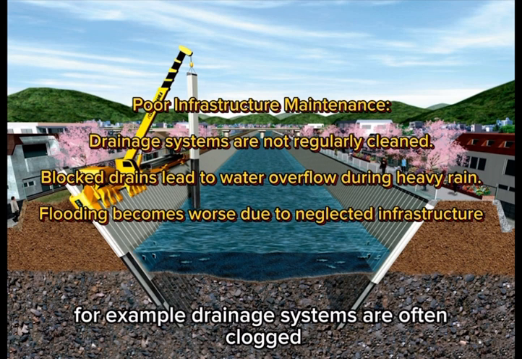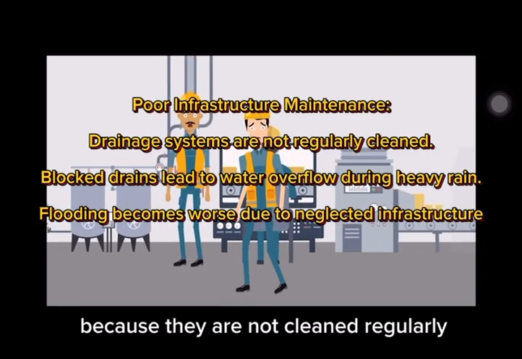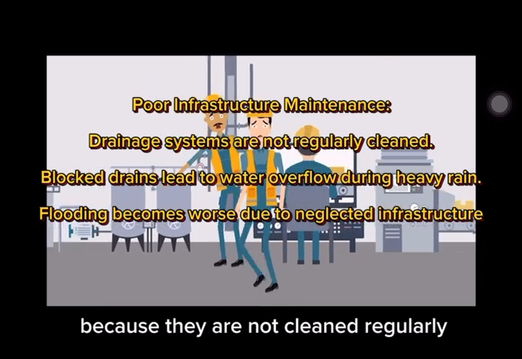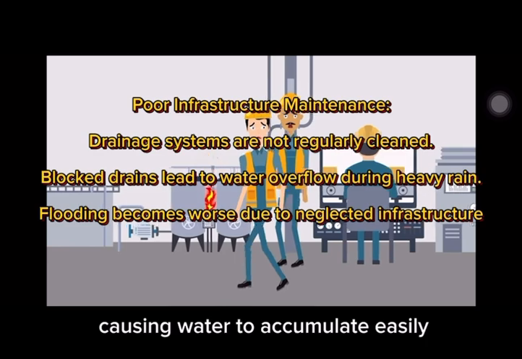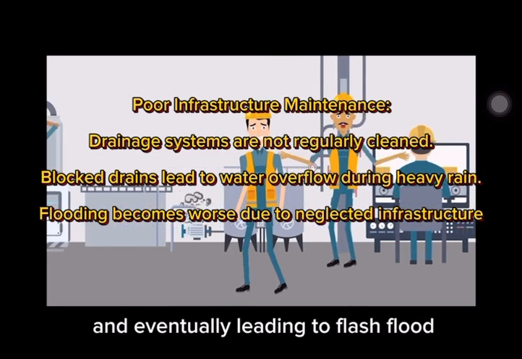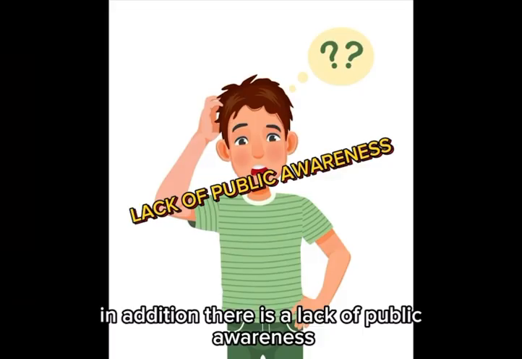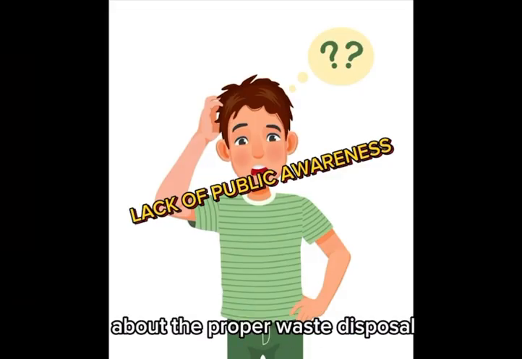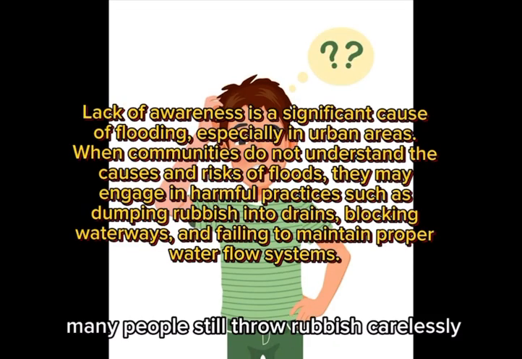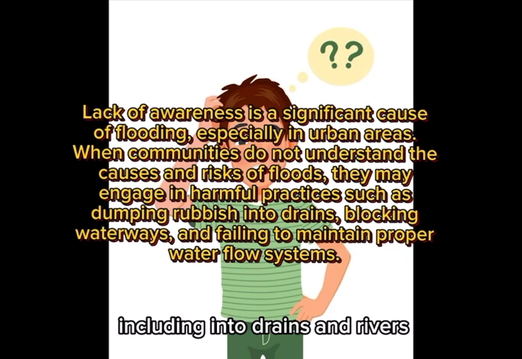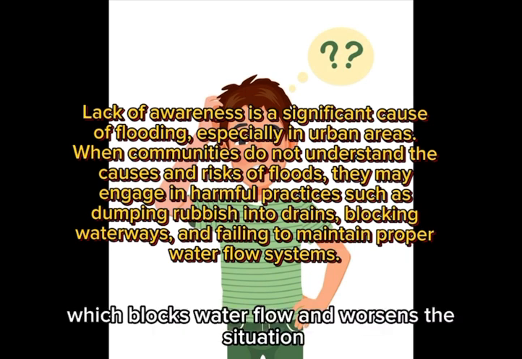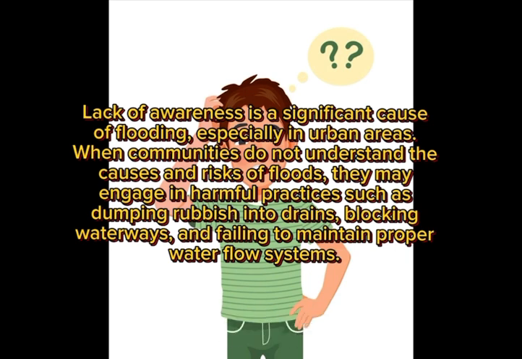For example, drainage systems are often clogged because they are not cleaned regularly, causing water to accumulate easily and eventually leading to flash floods. In addition, there is a lack of public awareness about proper waste disposal. Many people still throw rubbish carelessly, including into drains and rivers, which blocks water flow and worsens the situation.